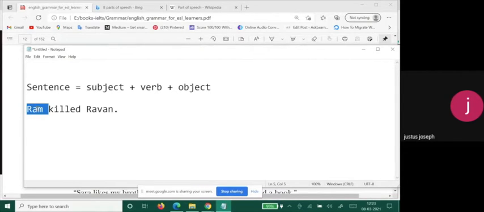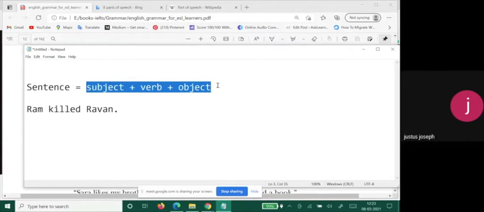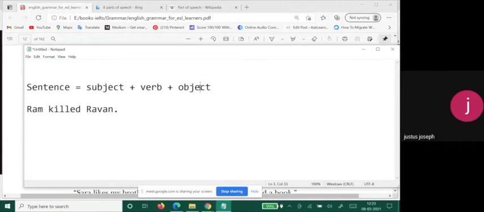Okay, that is how you figured out that Ram is a proper noun. It's a name. Killed is a verb. It's an action, right? So what are we following? We are following this formula: subject, verb, object. Now, when you talk about objects, objects are of two types.